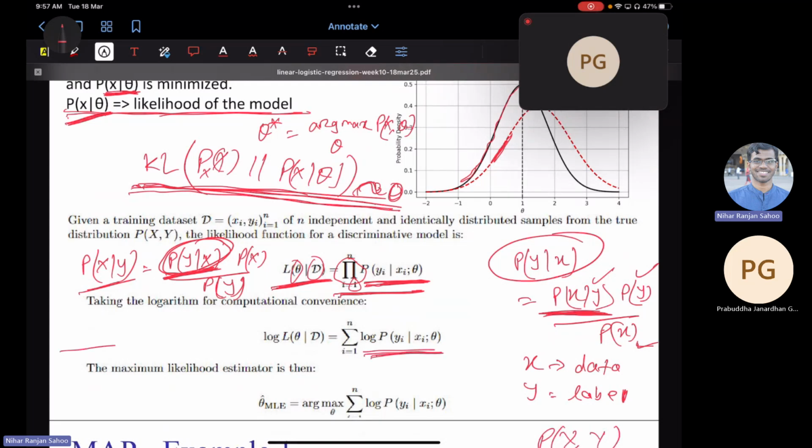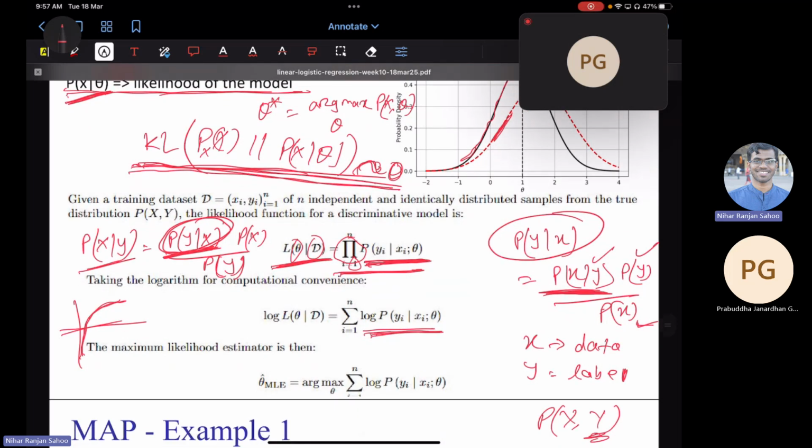Why? First, log is monotonic. If you see the log plot, it is monotonic, so if there is a trend in the probability space, the same trend will follow in the logarithm space. And by converting multiplication into summation, we can handle numerical stability.